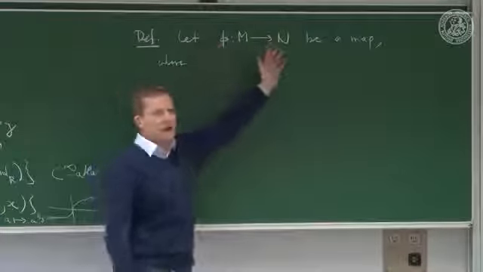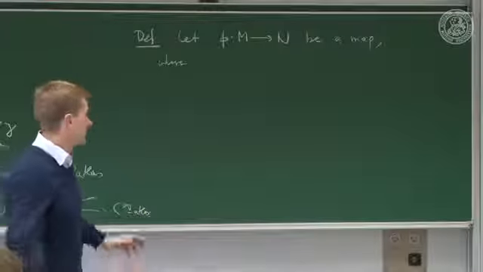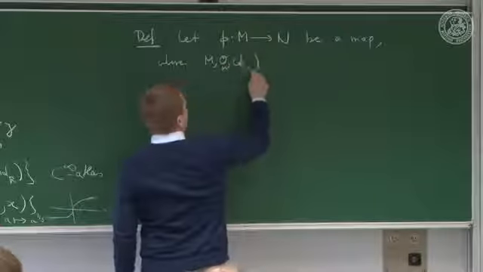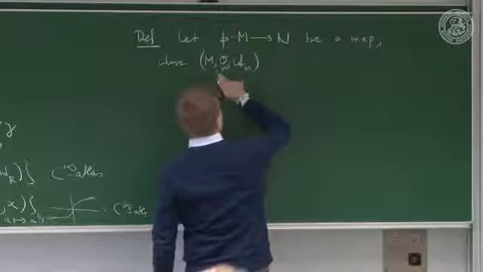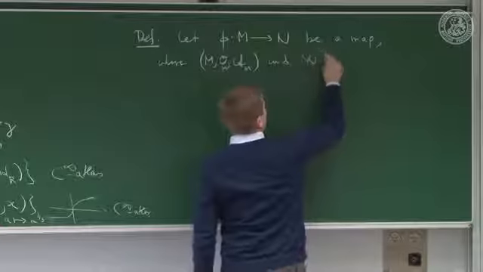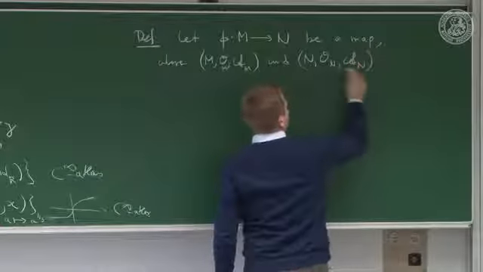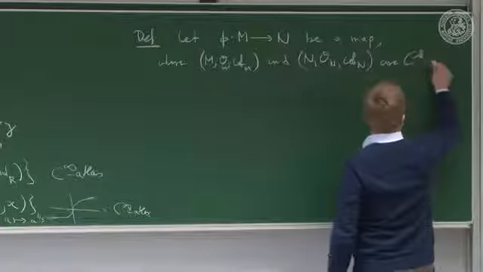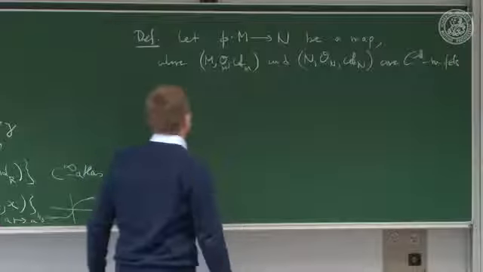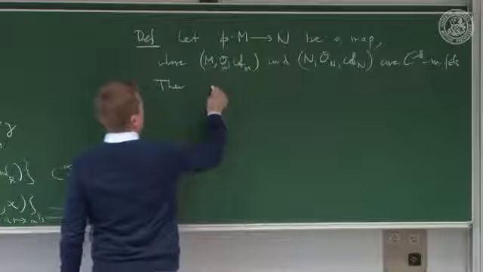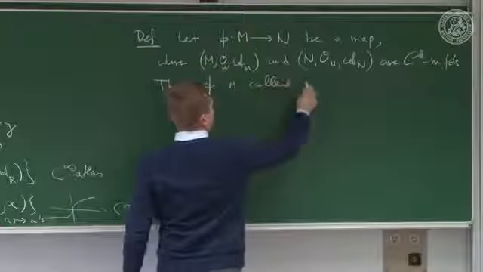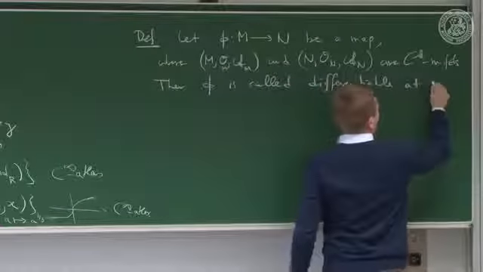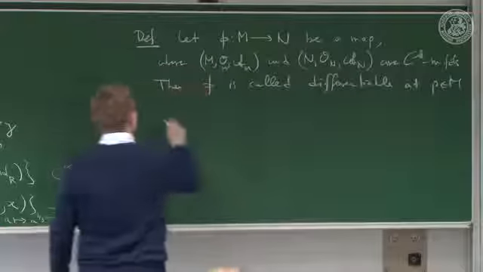In order to have a continuous map, I need topological spaces, but now M and N are supposed to both be differentiable manifolds, where M and N are CK manifolds. Then phi is called differentiable at the point P in M if.